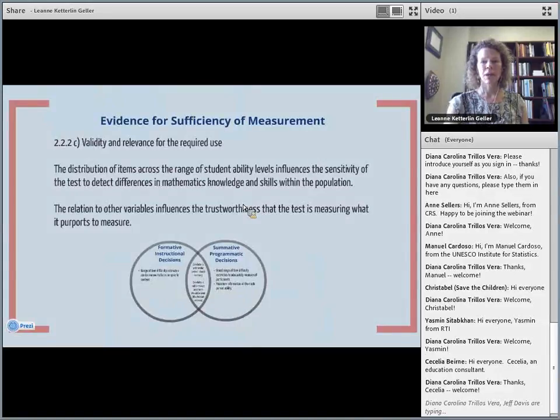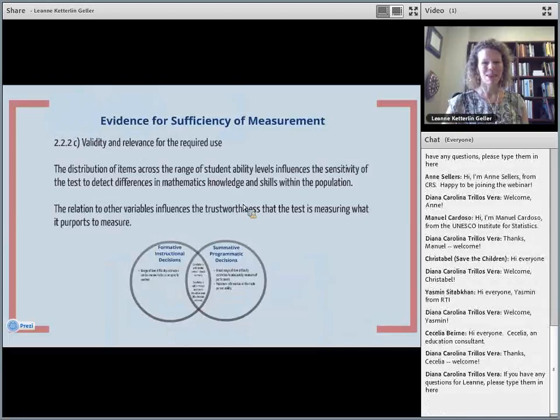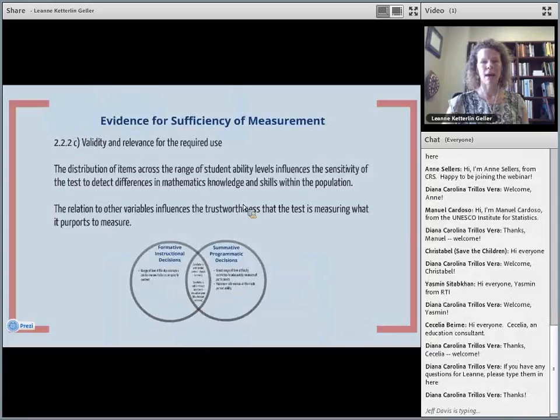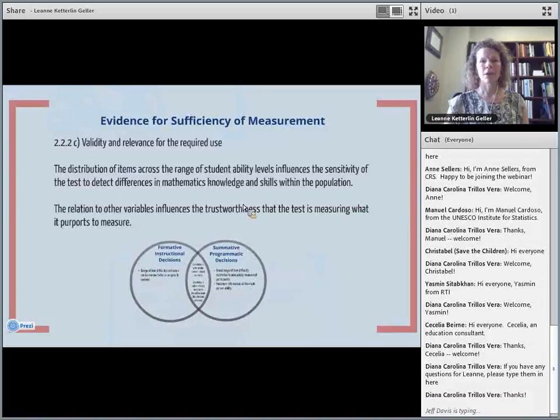So when we look at the correlations between the EGMA subtests, again, this follows a similar color coding where the pink shading is evidence and the orange shading is correlations. You can see varying degrees of correlation between these different subtests and how we can use this information to help decide which subtests might be maximally informative for either instructional decisions and or summative programmatic decisions.